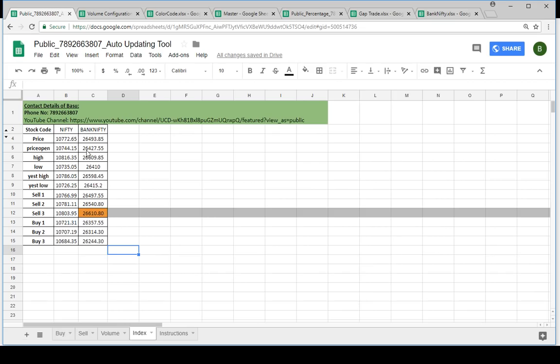Once the share opens at 427 and it starts climbing towards 497, when it comes around 497, this will be highlighted in orange, telling us that the levels came in. But you are not supposed to jump in directly when it is showing 497 as the last traded price.